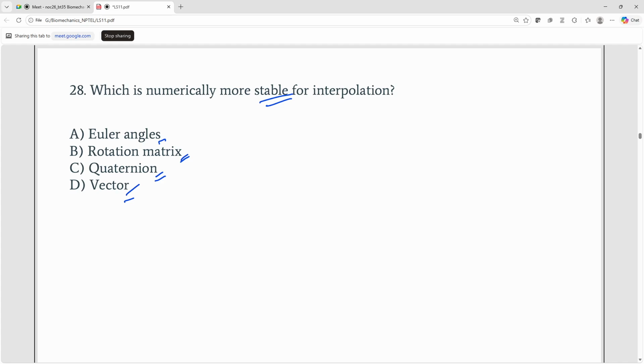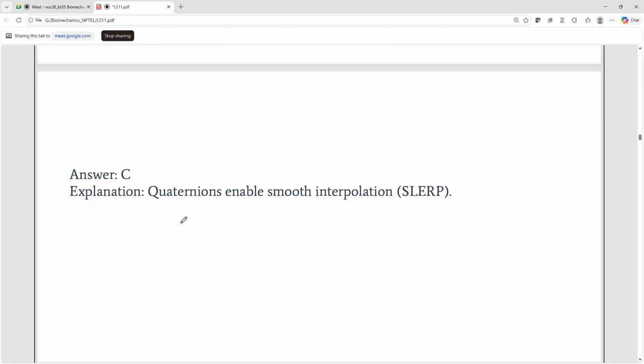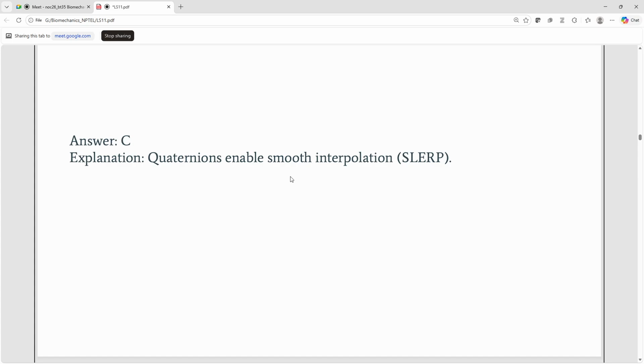Correct answer is option C, quaternions. Quaternions give more stable interpolations. Quaternions enable smooth interpolations known as slerp, because quaternions give a spherical system.